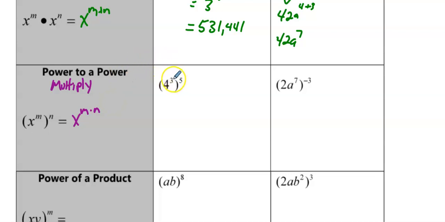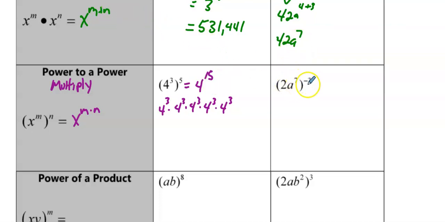So if it's 4 cubed to the 5th, this will be 4 to the 15th, 5 times 3. So imagine if this is 4 cubed 5 times, and like the previous property, we would add the exponents. So if we add all these exponents, you get 4 to the 15th.